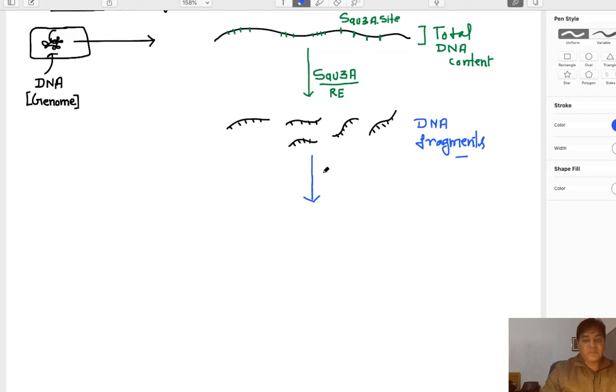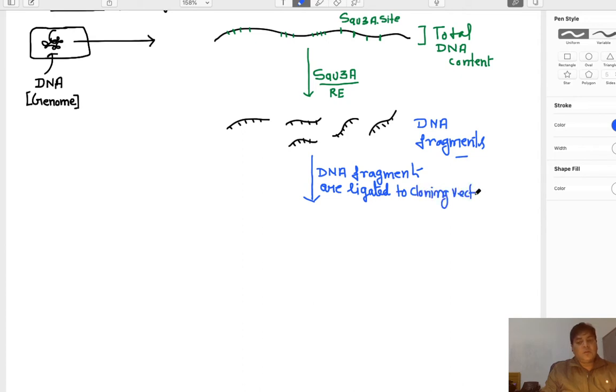So these DNA fragments are ligated, means connected, to a cloning vector. The cloning vector example is, it can be cosmid.